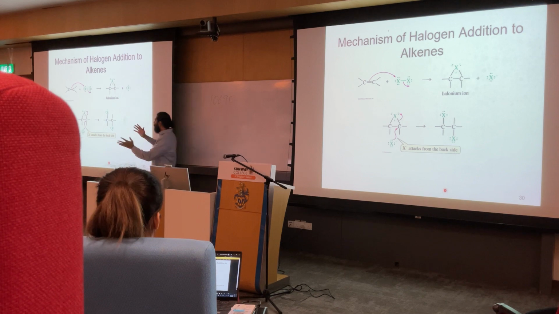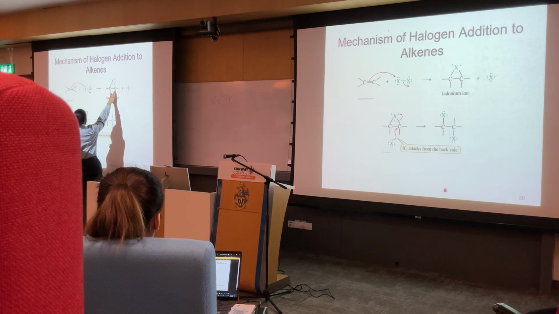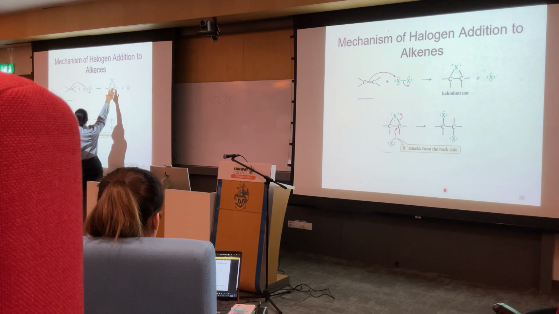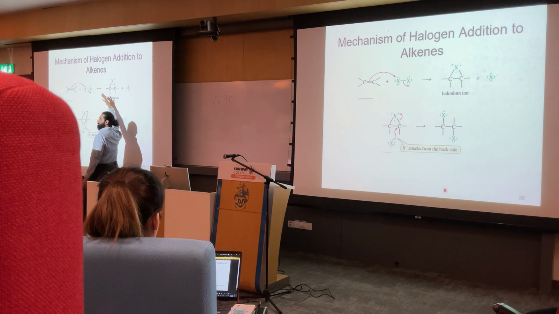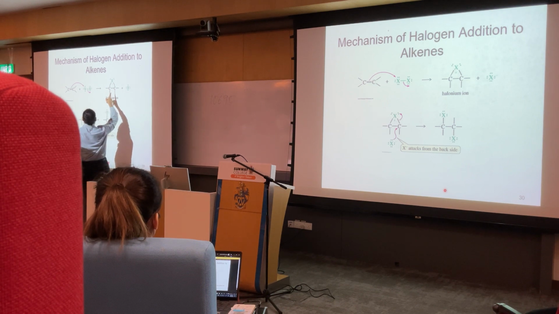product. Now imagine that these two carbons now have a bridge with a positive charge on top, just like a house, right? So if this is the roof and this is the base, the next halogen would not be able to attack from the roof because of the positive charge.